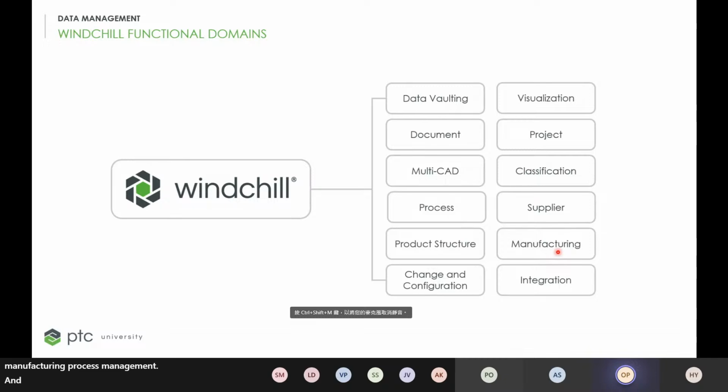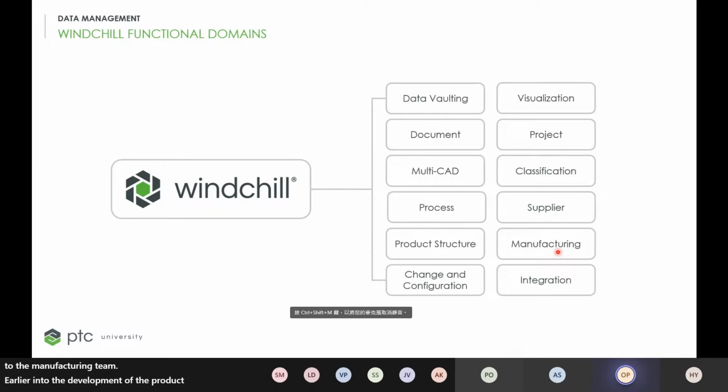With the MPM Link, you will be able to connect the two teams, the development team that is coming from engineering with the manufacturing team that is coming from plant. And this way, you will give access to the manufacturing team earlier into the development of the product.